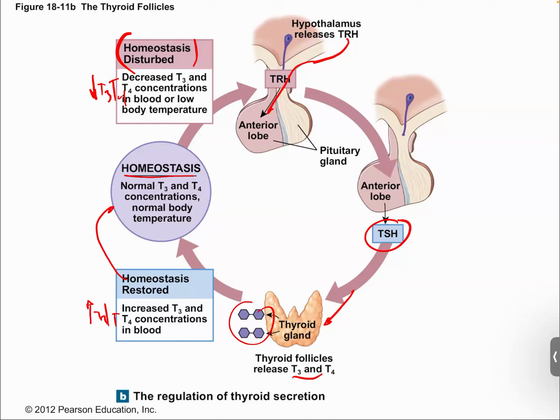Does that make sense? So on this side of the graph, what we noticed was there was a dip, a trough response. What we did was stimulate more production of T3 and T4 in order to turn that back up. So this is basically a trough response.